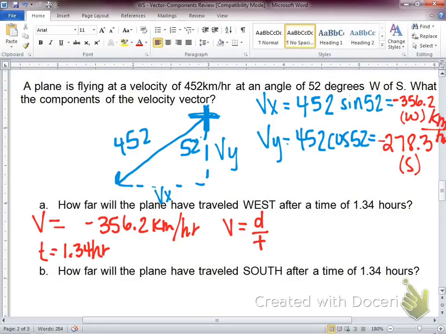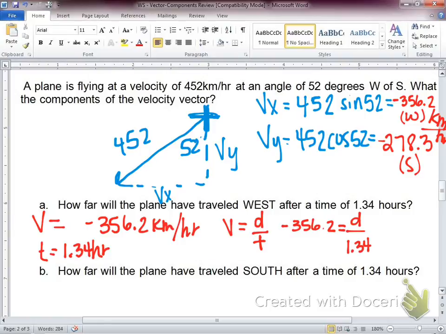So we can go ahead and set this up to say negative 356.2 equals distance over 1.34 hours. Okay, this is our velocity in the west direction, and this is our time that we're traveling at that speed. So to find d, or to solve for distance, what do we do with these two numbers?